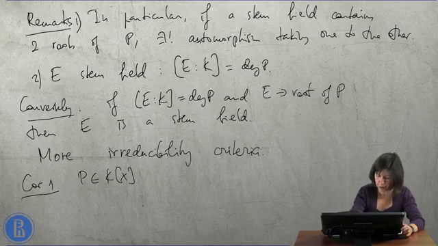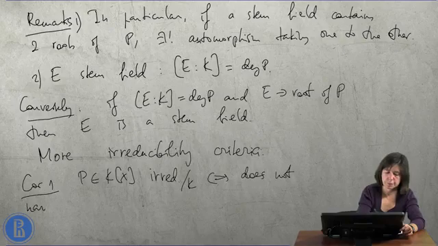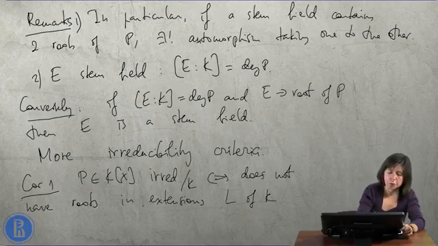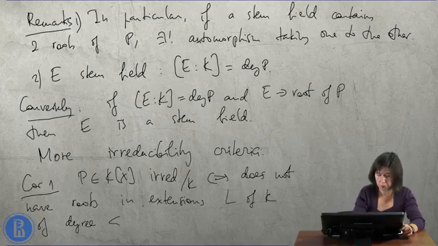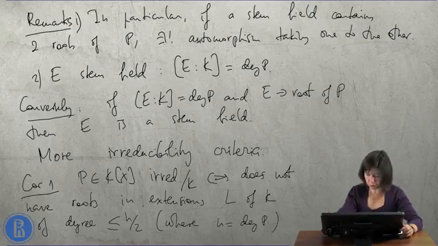P is irreducible over K if and only if it does not have roots in extensions L of K of degree less or equal than n over 2, where n is the degree of P. Well, how to prove such a thing?